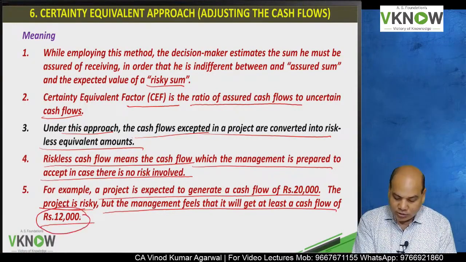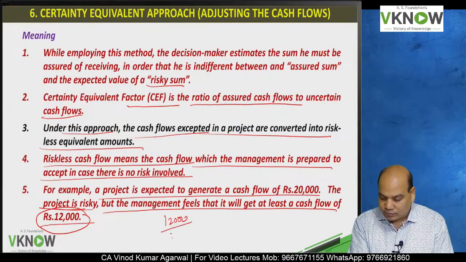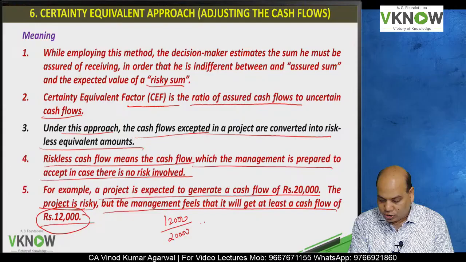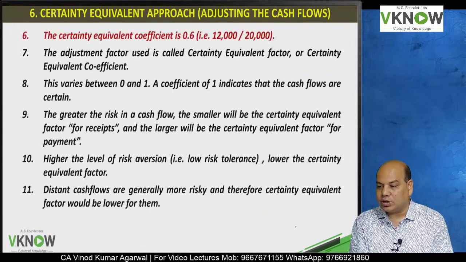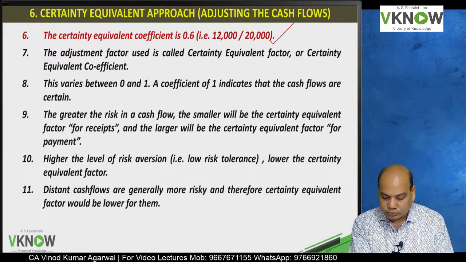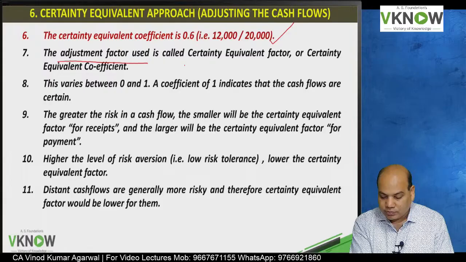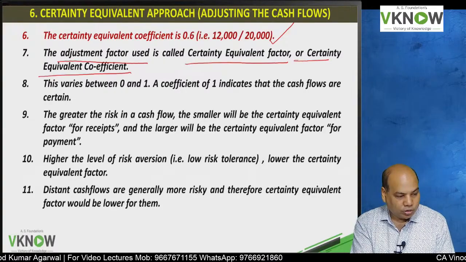So 12,000 is risk-free. If I ask you what will be the certainty equivalent here, you will say 12,000 by 20,000, which is 0.6, written in your book also. This factor is called certainty equivalent factor or certainty equivalent coefficient.